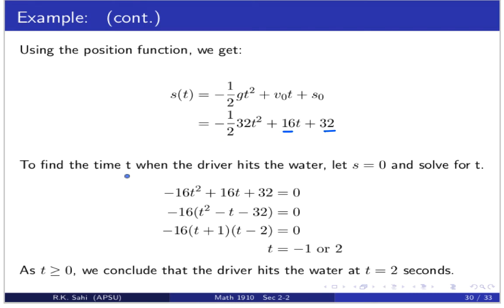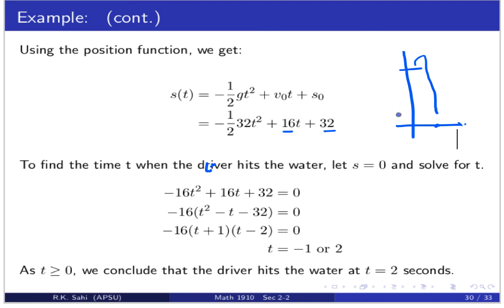Now the first question says, when is the diver going to hit the water? Remember this is the graph, and here's the diving board. When it hits the water, that means s is 0.